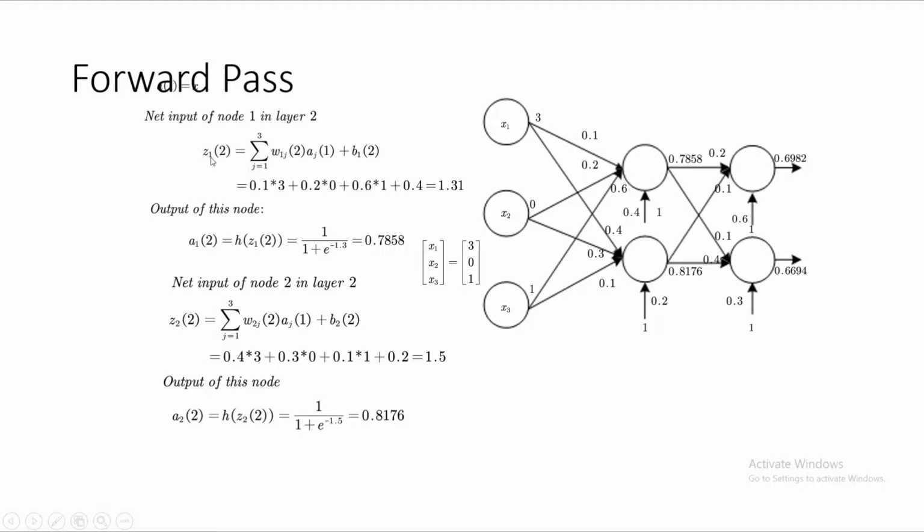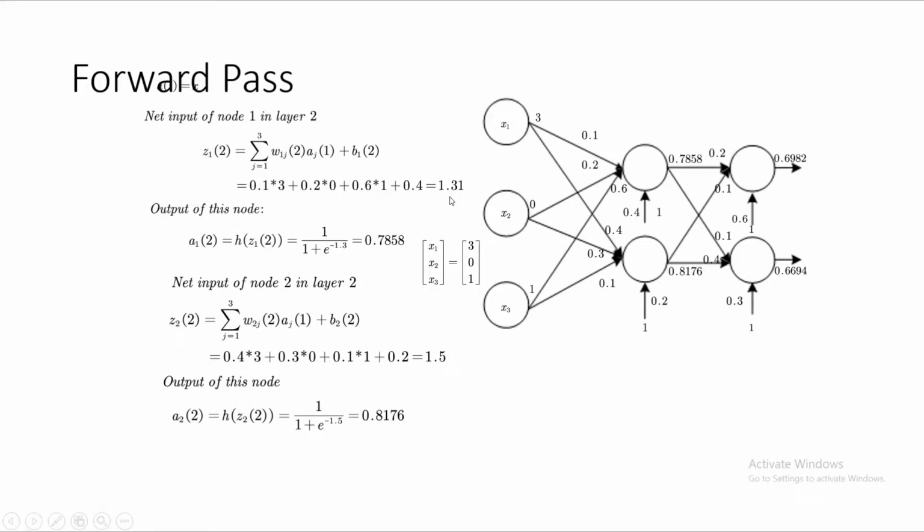This 2 represents the layer, and this Z1 represents the net input, and we compute it using the weighted summation. We multiply each input value, or activation value, with the weight, and then sum it and add the bias value, which means that we perform the weighted sum and get this net input value.